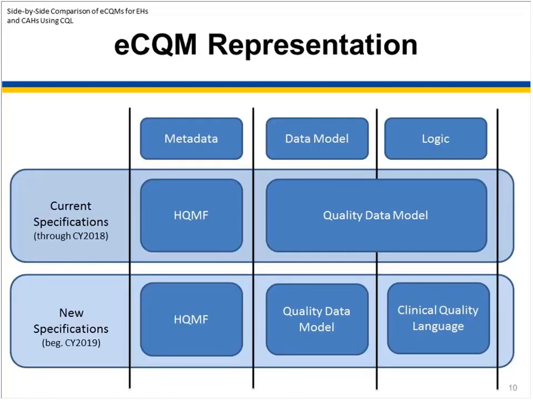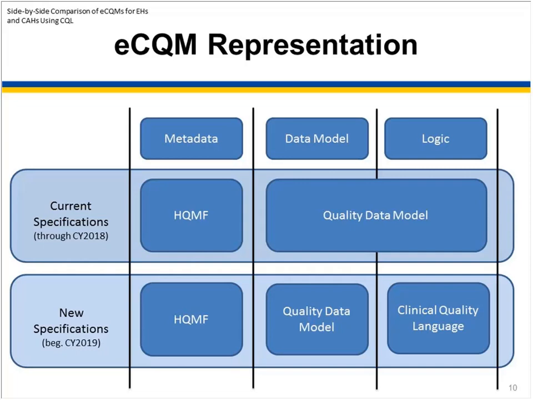So within eCQM representation, we take those three categories of information. And this depiction shows for the current specifications for HQMF and QDM through calendar year 2018, we use HQMF to represent the metadata, and we use the quality data model to represent both the data model and the logic, so the things that we're talking about as well as how they relate to each other.